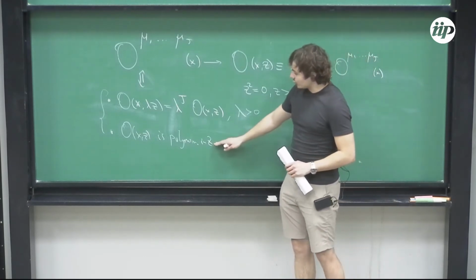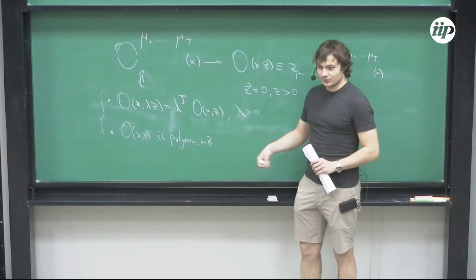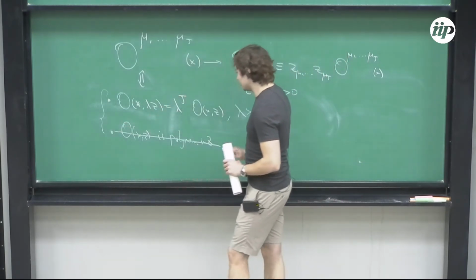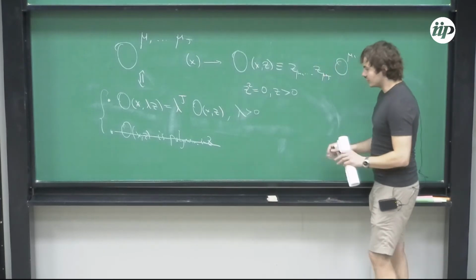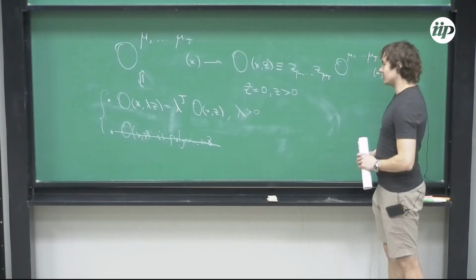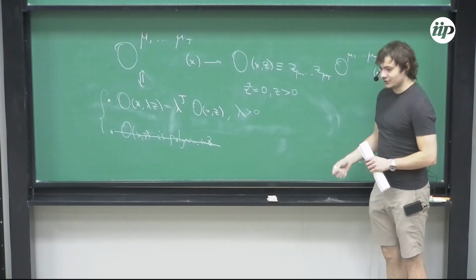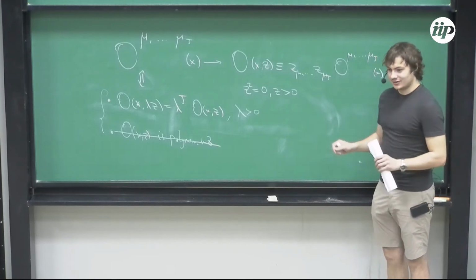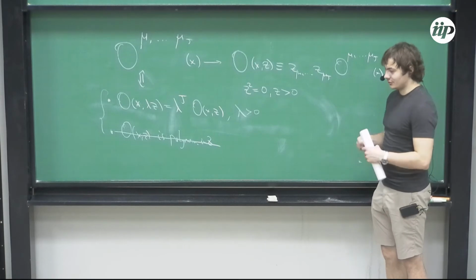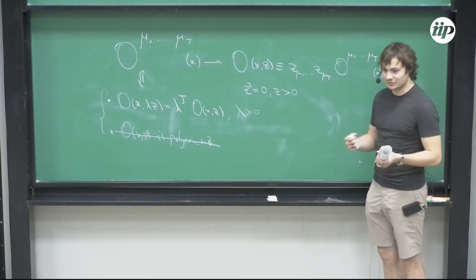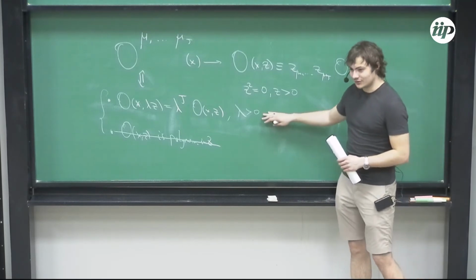However, this second property, that it's polynomial in z, we cannot generalize. And the solution is just to drop this property completely. I should say that this is completely motivated by representation theory. The Lorentz group has well-defined representations with non-integer spin, and this is how you construct them.